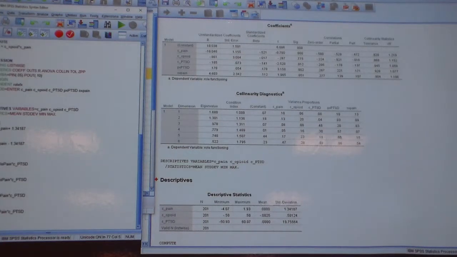We should probably say low pain opiate use, high pain opiate use, low pain. Mathematically this isn't going to make a difference, at least with the way this model is set up, but conceptually it's going to be important, right?